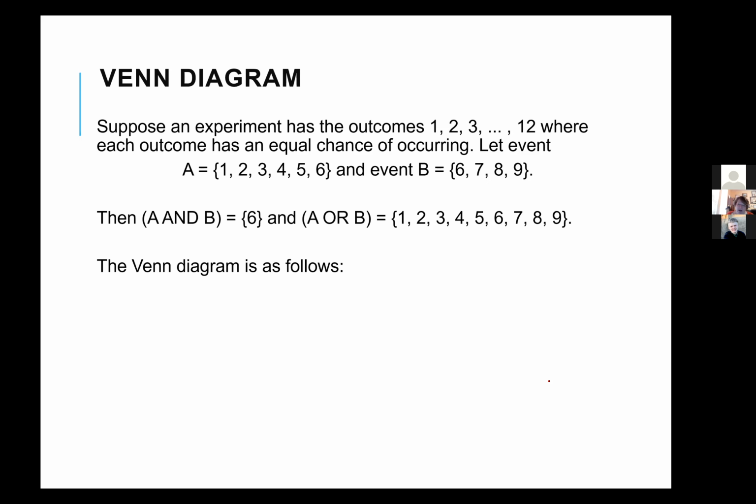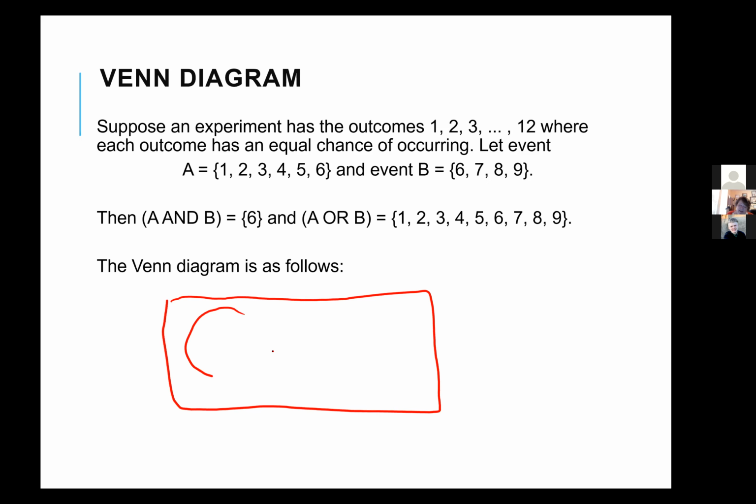So if we draw a Venn diagram, this is my sample space S. Here's my event A and my event B, and they do overlap because event A and event B have an outcome in common, and that is 6.